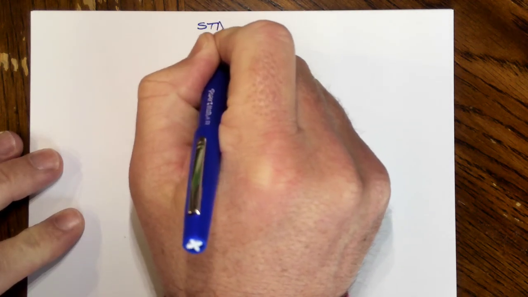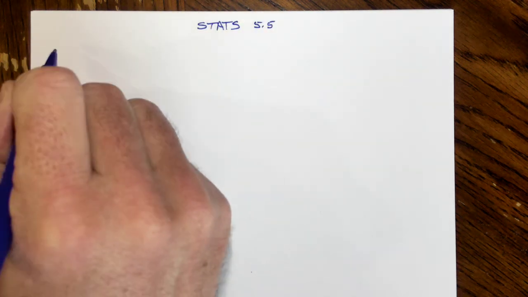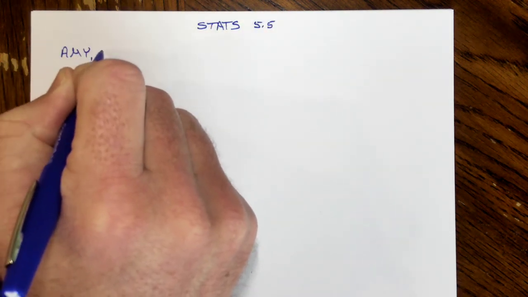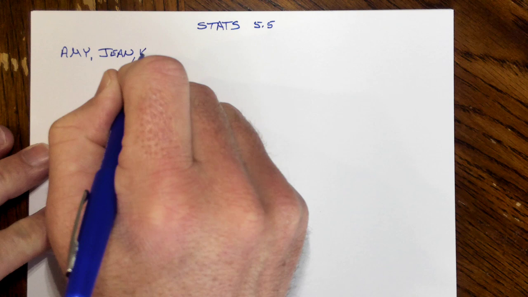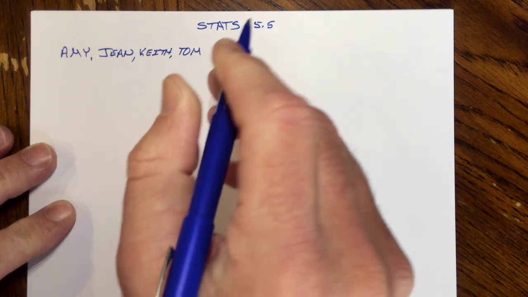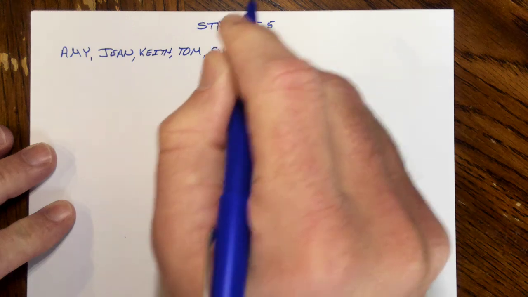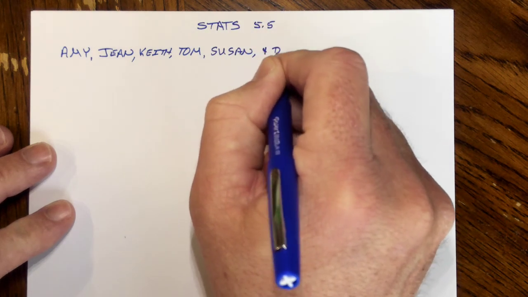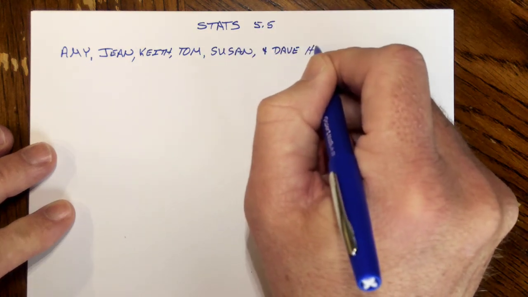So let's check this example out. Bear with me, got to write it out a little bit. Amy, Jean, Keith, Tom, Susan, and Dave have been invited to a birthday party.